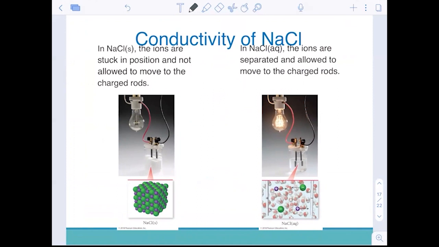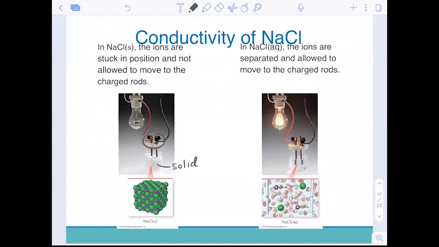If we just stick 2 probes into solid ionic compounds, yes, there was an energy exchange, but they are locked in a lattice structure. And so those solids, those 2 ions being solid, don't allow the electrical conductivity that we see when they are actually in aqueous mixtures.